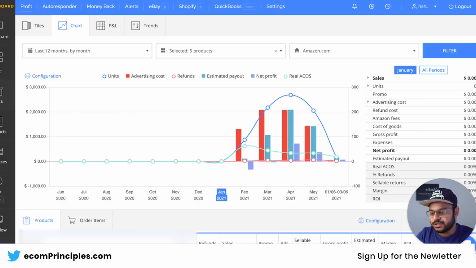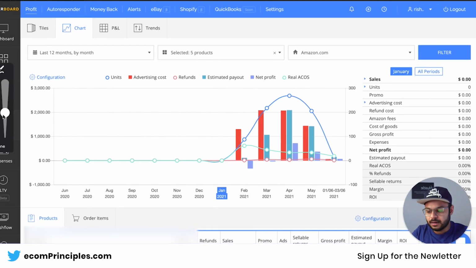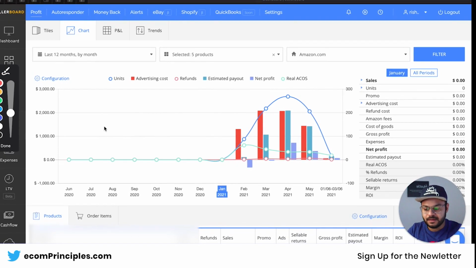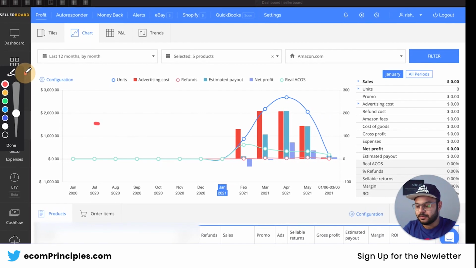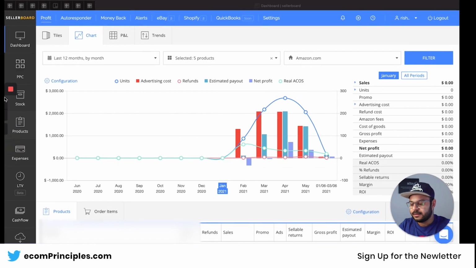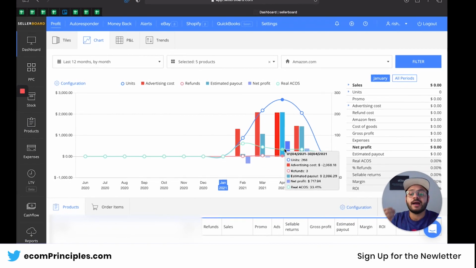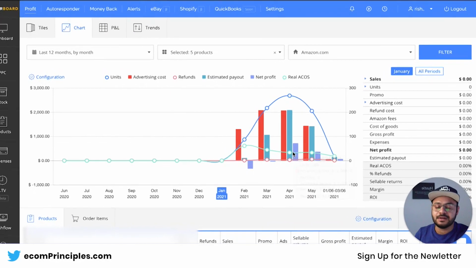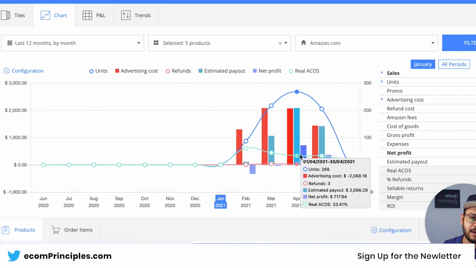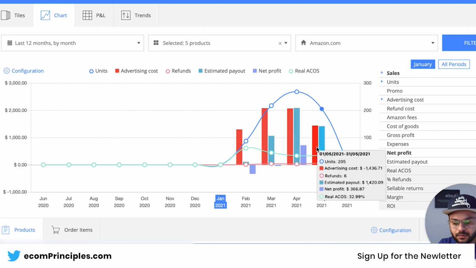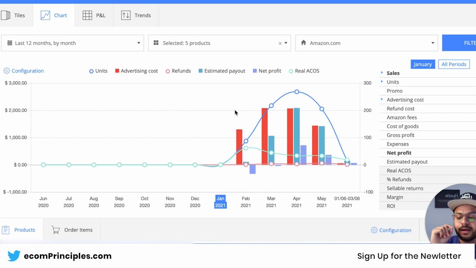If you pay attention over here real close, this is in sync with the fact that we are actually netting profit. Our real ACOS is 33%, much farther away from our profit margin, which is about 45%, and we are really making money. So it's showing you that data right away, and this is how I kind of look at my data.